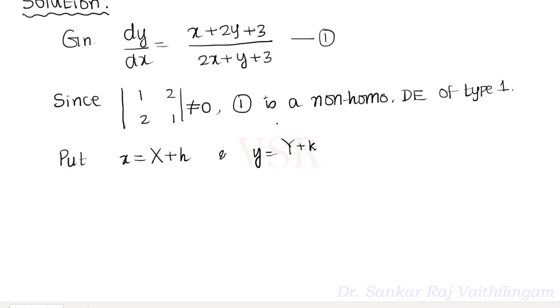Now we want to calculate dy by dx. Note that h and k are constants. Differentiating, dx is equal to d capital X, and dy is equal to d capital Y, since small x is capital X plus h and small y is capital Y plus k. The derivative of the constants h and k is 0.